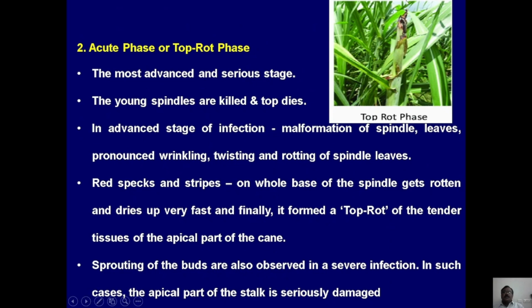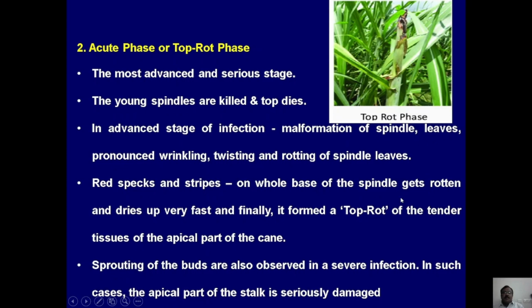And this is the acute stage, otherwise called the top rot phase. The most advanced and serious stage of infection is the acute phase or the top rot phase. The young spindles are killed, and the top portions completely dry and die. The plant dies. In the advanced stage of infection, malformation of the spindle, as well as pronounced wrinkling, twisting and rotting of spindle leaves are common phenomena, with formation of red specks or stripes on the whole base of the spindle.